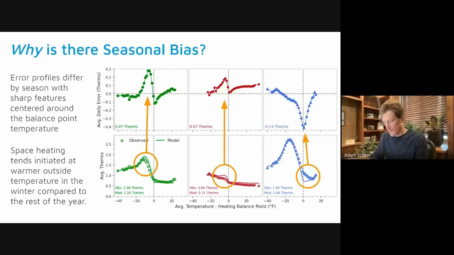It's a substantial effect. I mentioned earlier that seasonal bias in the Caltrac 2.0 model during the winter is a 14% effect. The model is under predicting winter consumption by 14%. That's a lot, and it's not something we should be ignoring if we're diving back into this model. So it's a problem we're trying to solve.